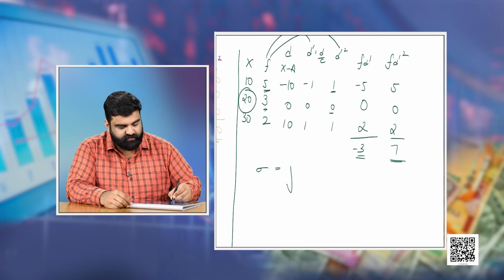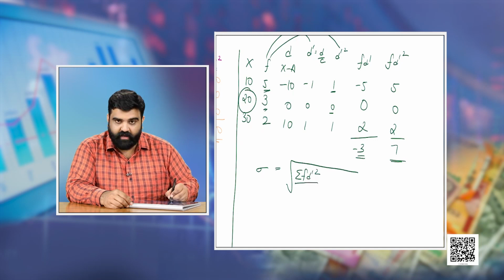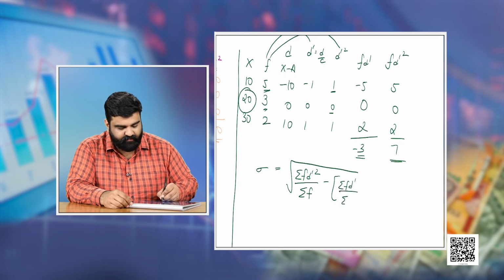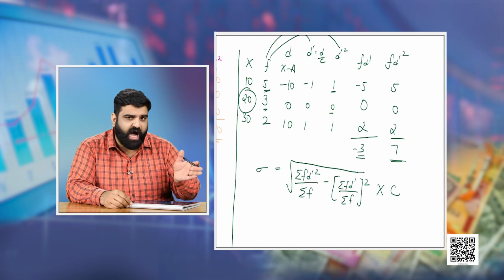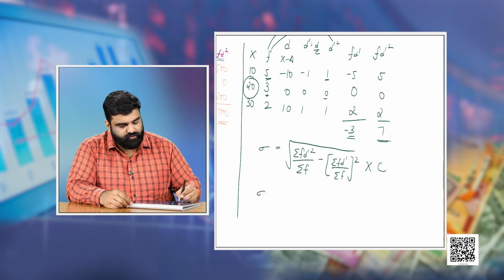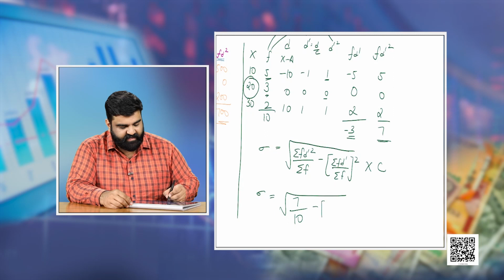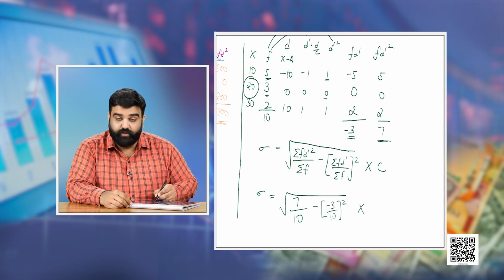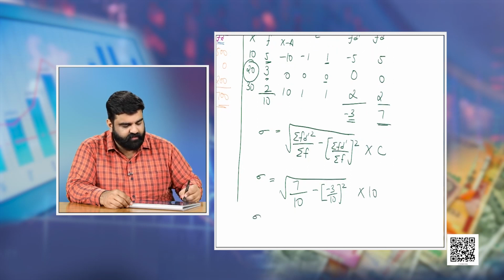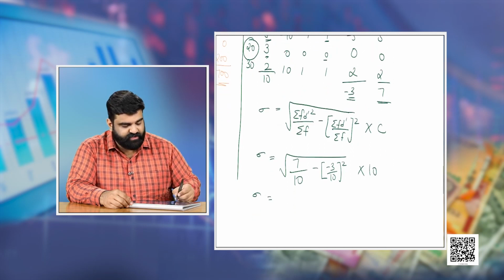So, the standard deviation formula is sigma f d dash square upon sigma f minus sigma f d dash by sigma f the whole square, multiplied by the common factor, which is outside the square root. So, we have 7 by 10, 10 is the total of the frequencies, minus 3 by 10 the whole square, into 10, which was pulled out of the d, that is the deviations from assumed mean.